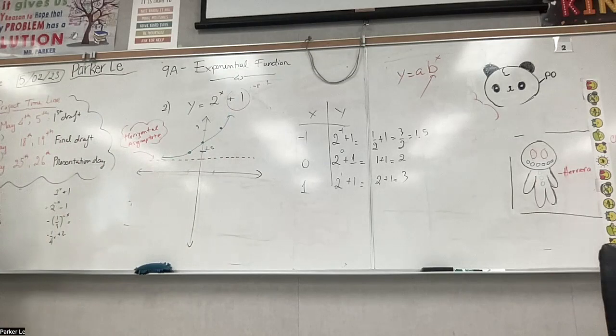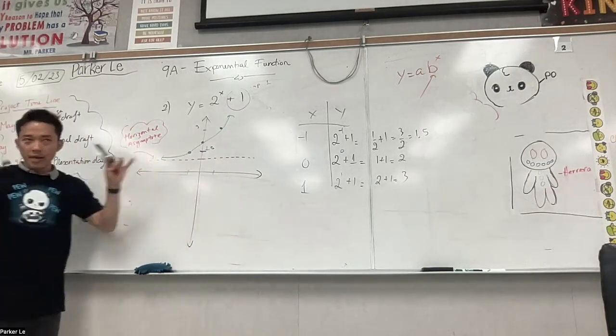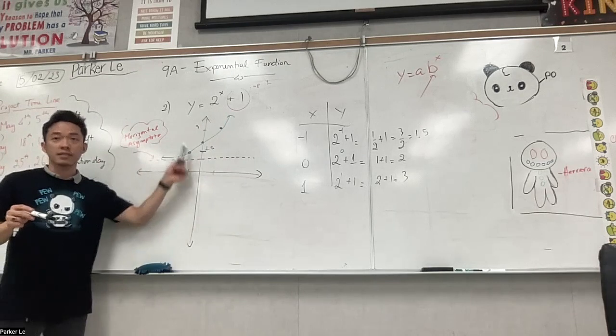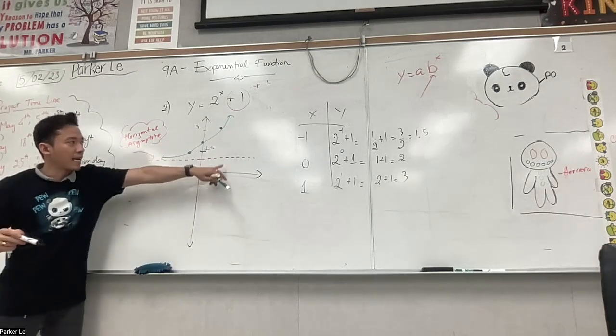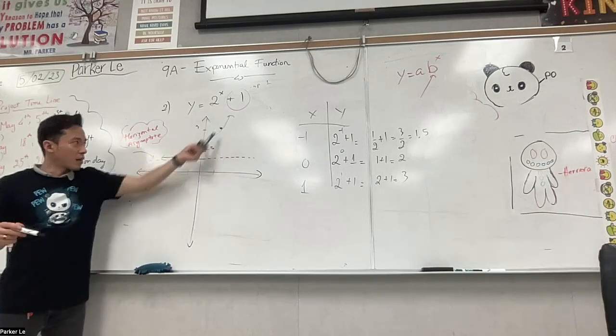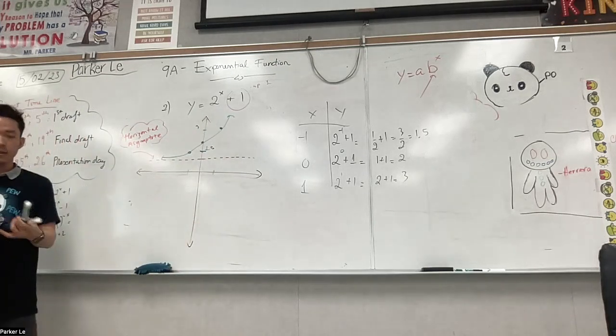If the graph is over here, it can never go above this. If it's on the top, it can never go below. So they can never cross it.